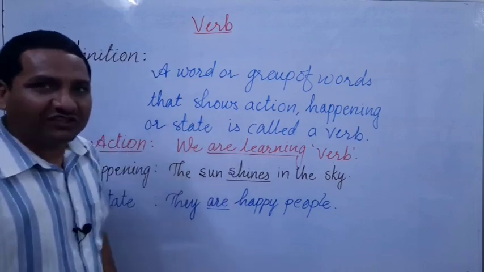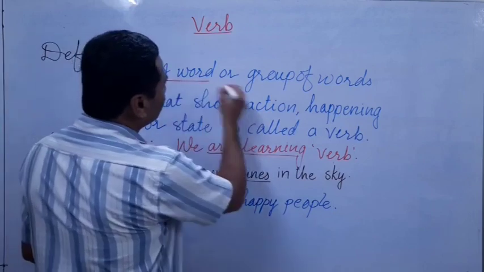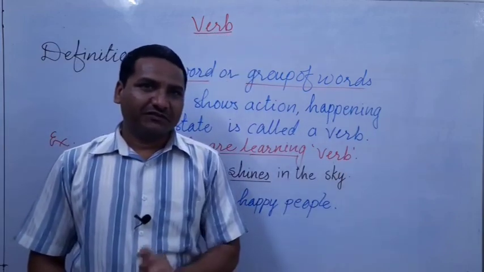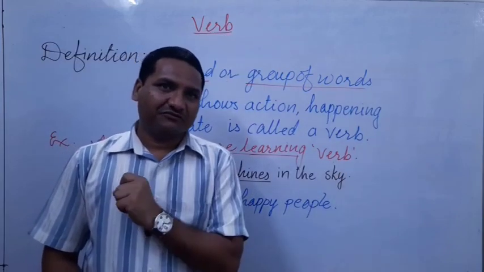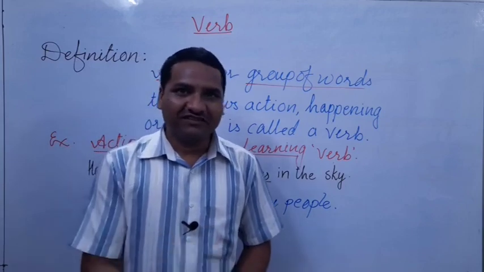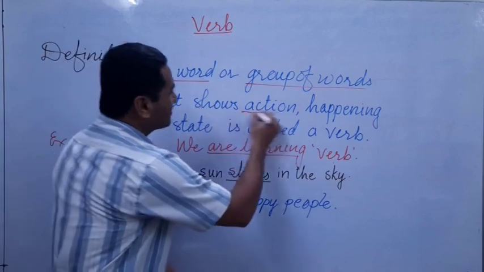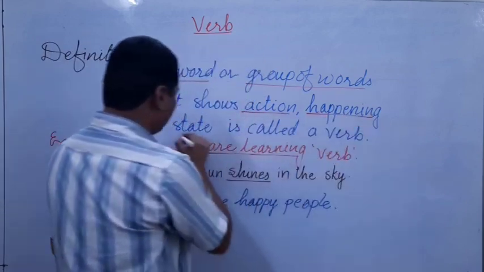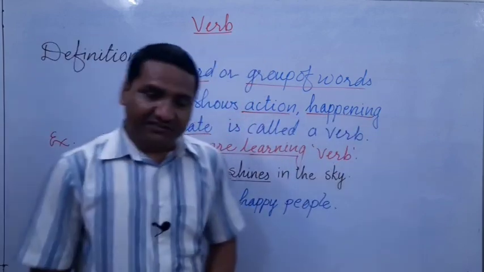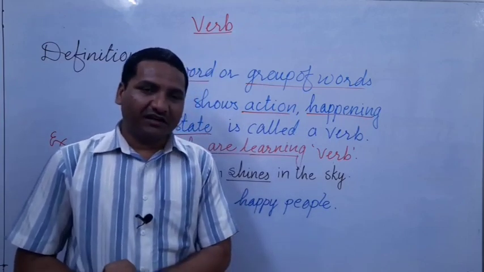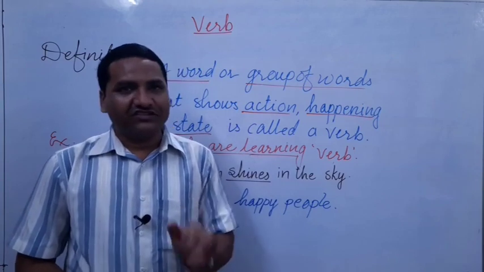Very important words are a word or group of words. Some people are telling verb means a word. Here we know a group of words is also a verb. Next is that shows action, happening or state. Means verb shows not only action but also happening or state.